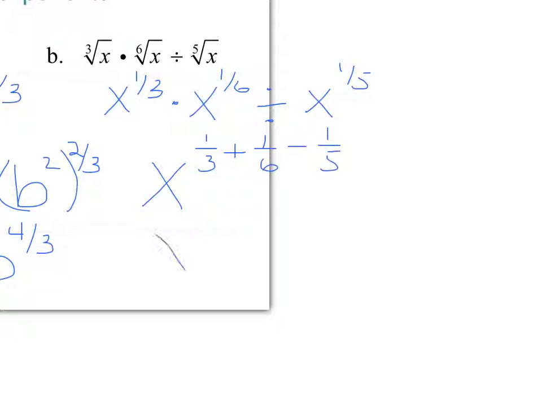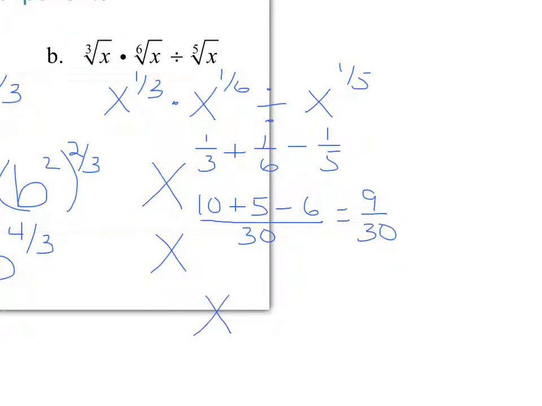So now you just get a common denominator, which I'm going to put all over 30. That's going to be times 10, so that'll be 10 plus 5 minus 6. So that gives you 9/30, which gives you the final answer of 3/10. So x to the 3/10.